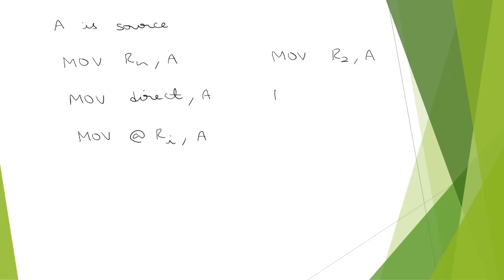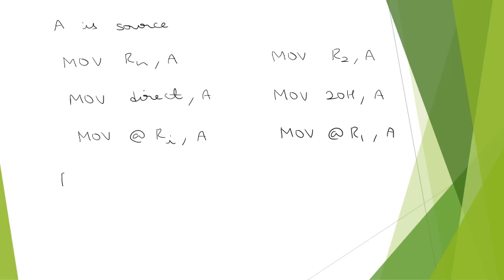And then we have MOV 20H, A. So the content of accumulator is copied to the memory location 20H. And then we have MOV @R1, A. So the content of accumulator is copied to the location pointed by the register R1.